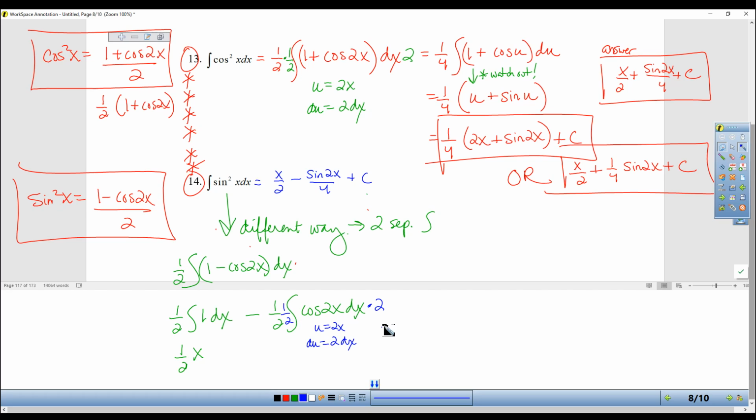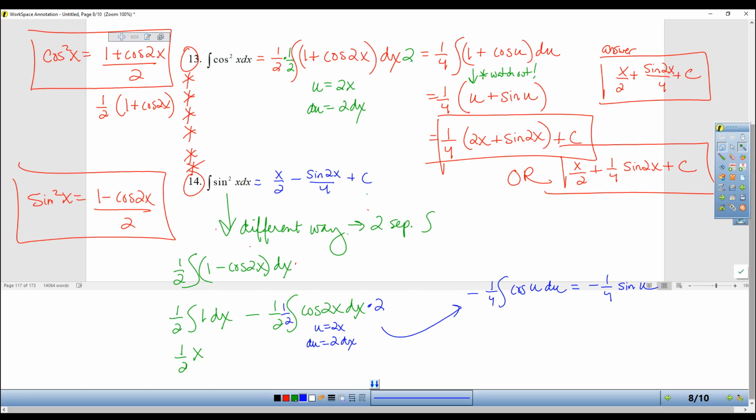So this piece of it becomes minus 1/4 integral of cosine of u du, which is negative 1/4. I'm actually going to integrate now. The derivative of sine is cosine, so sine of u.